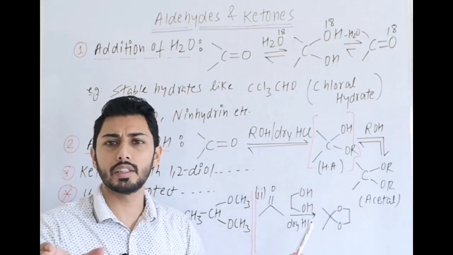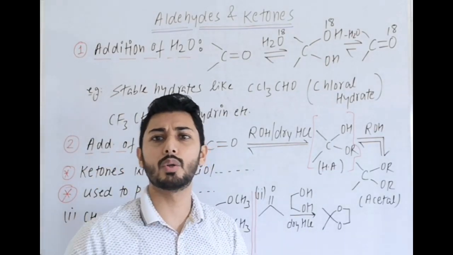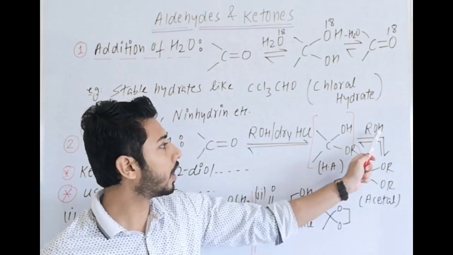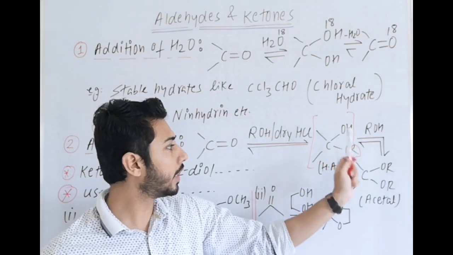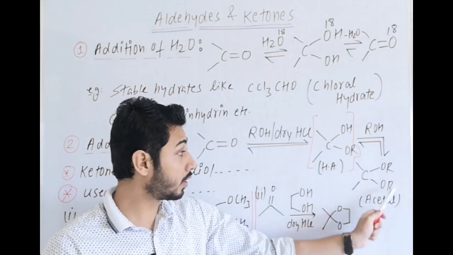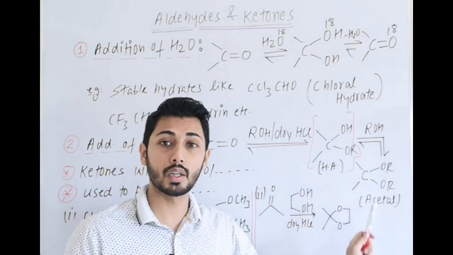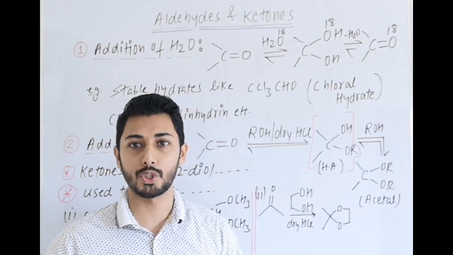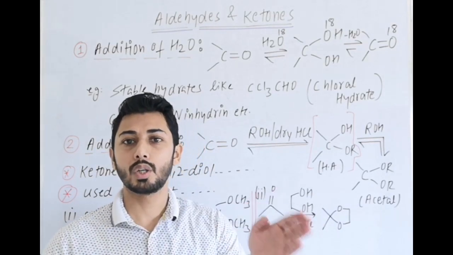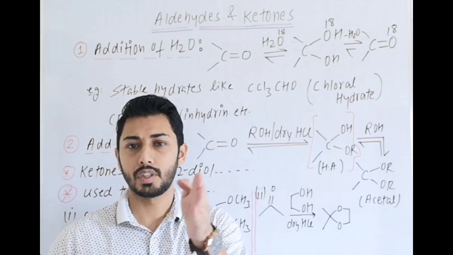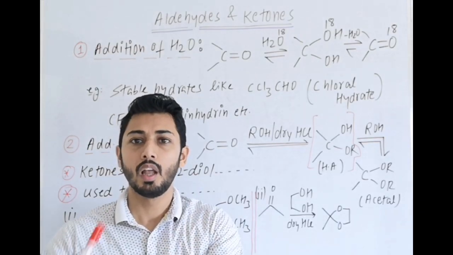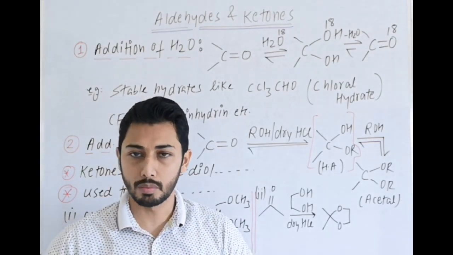It is an intermediate, further another nucleophilic addition takes place, another nucleophile will add, water eliminates, and we get on the carbonyl carbon 2 OR groups, that is acetal formation. Therefore, addition of alcohol to carbonyl firstly gives an intermediate which is hemiacetal, finally goes up to acetal formation, right?